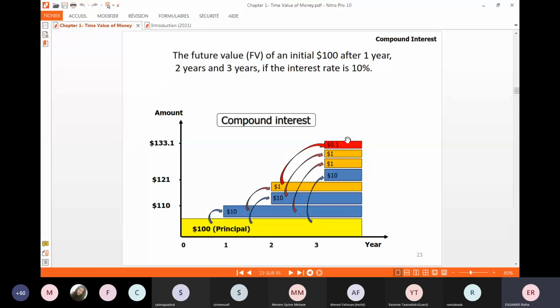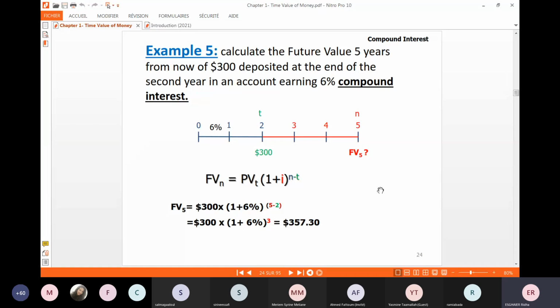So these are the principles of computing the future value when you use the compound interest technique. If the investment is not made today, if the investment is made at the date T, here investing, for example, $300 at the date 2 years from now, knowing that these 300 will generate annually 6% compound interest, the future value at the date 5 will be present value at the date 2 times 1 plus 6% to the power of the number of years of interest.